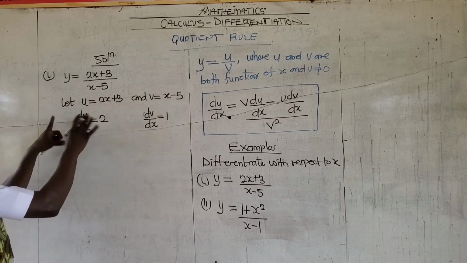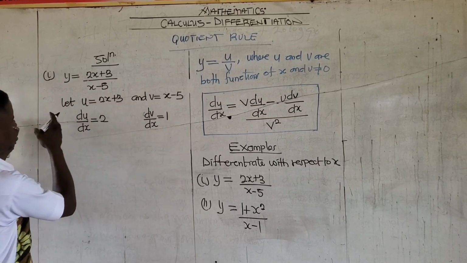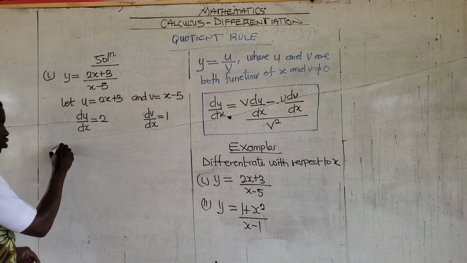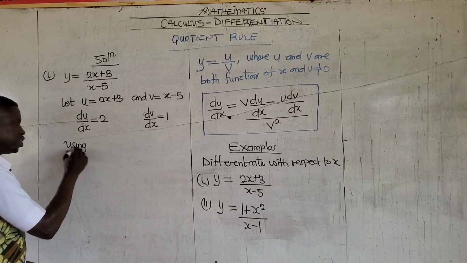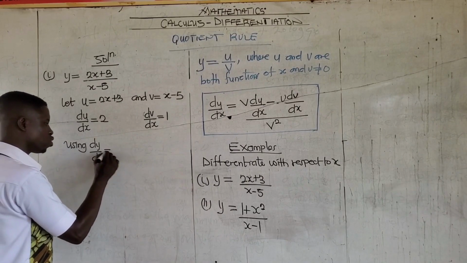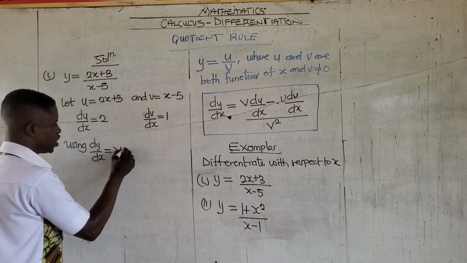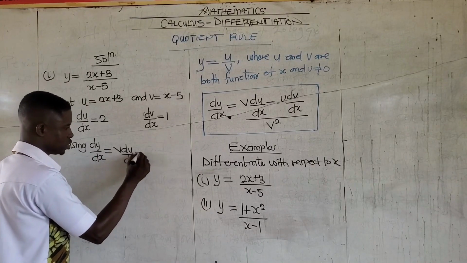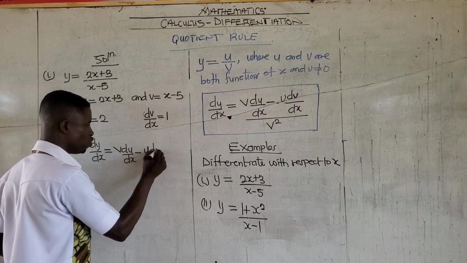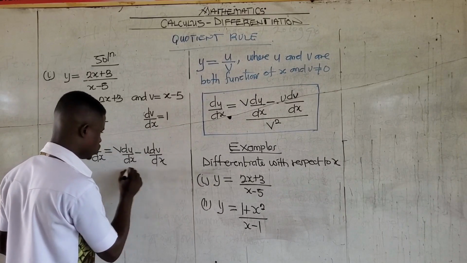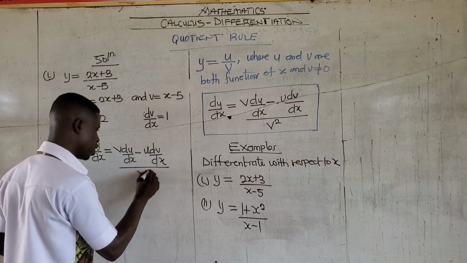So after denoting u and v and doing the differentiation, you quote your formula. Using dy over dx is equal to v du over dx minus u dv over dx, all divided by v squared.